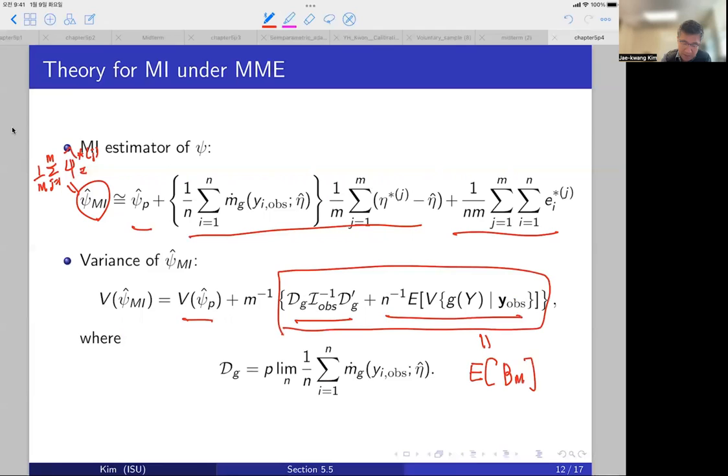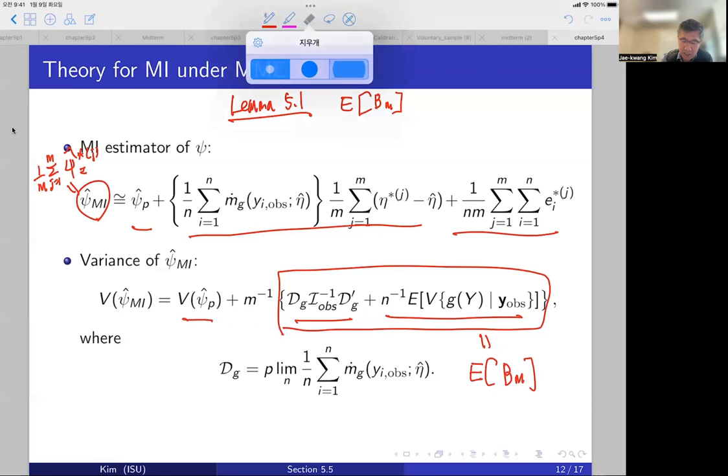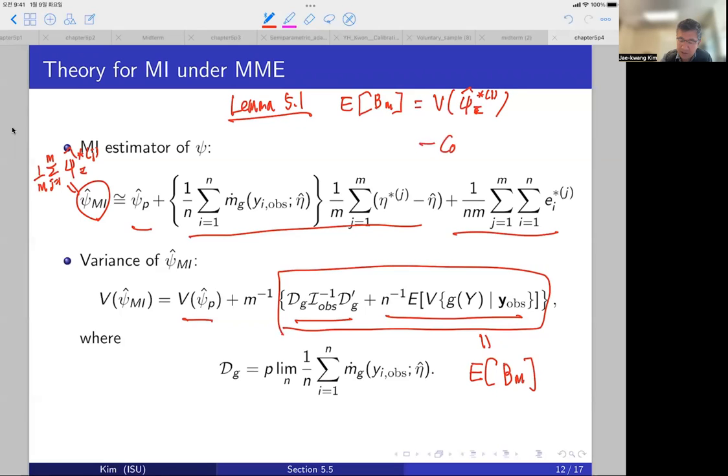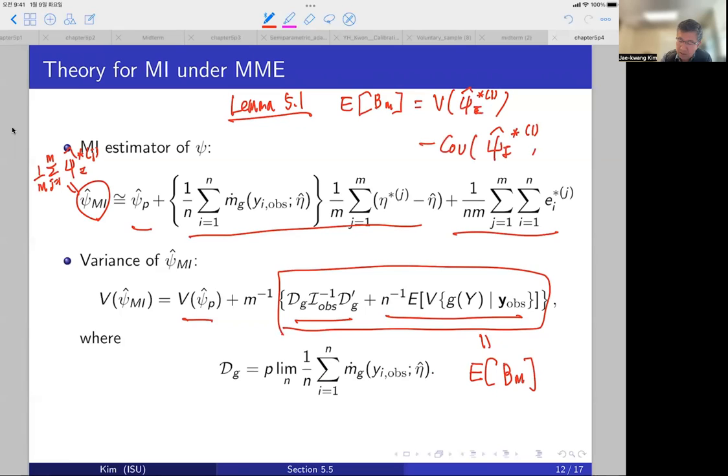Because of Lemma 5.1, the expectation of B_M is the variance of psi hat I star 1 minus the covariance of psi hat I star 1 and psi hat I star 2.